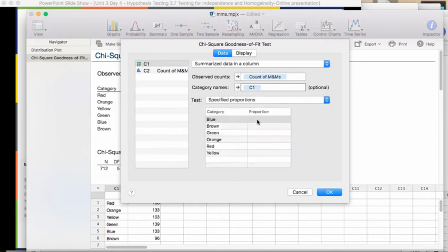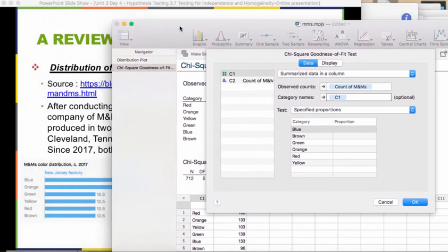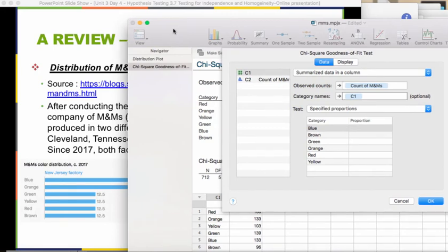And what you end up doing is typing in the proportion for blue, the proportion for brown, the proportion for green, orange, red, and yellow. That's what we're going to do next. And let's take a look.